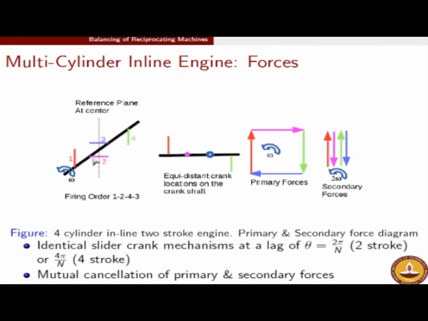Then the next question comes as firing order. The next question of firing order is answered in this fashion: as a convention we take the first cylinder to be firing first, which is always at the top dead center. Now if 2 is at this orientation, then once the shaft rotates by omega, this 2 will come at the top, right?